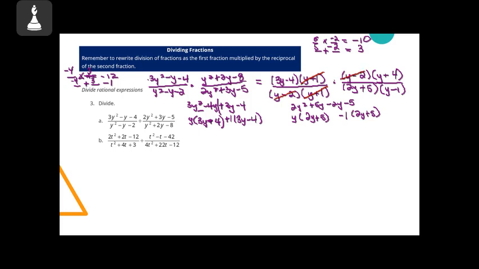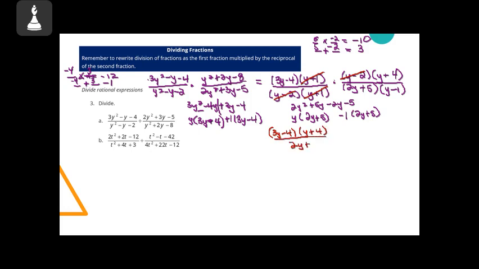So I currently have 3y minus 4 times y plus 1, all over 2y plus 5 times y minus 1. And again, if you wanted to distribute that back out, you can.